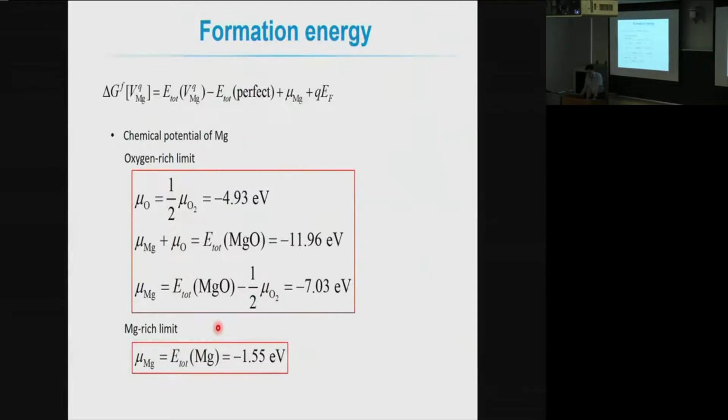So what we need is the magnesium chemical potential, which in the oxygen rich limit is minus 7.7 electron volt, and in the magnesium rich limit increases much higher, to minus 1.5 electron volt.